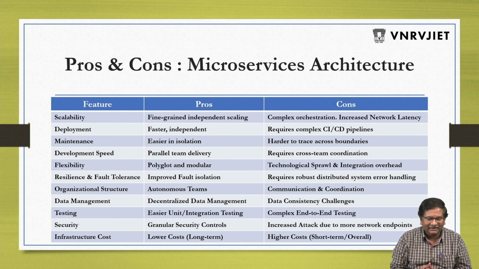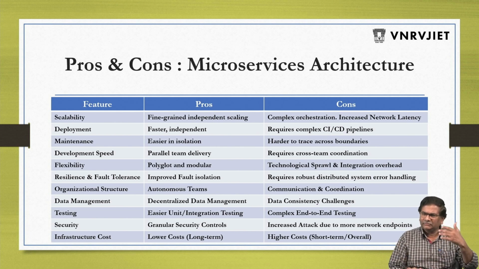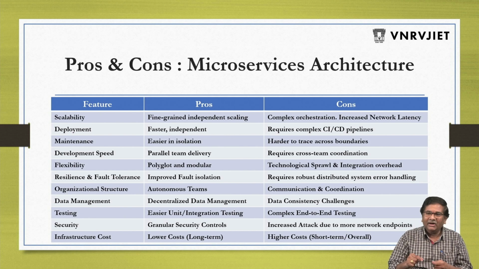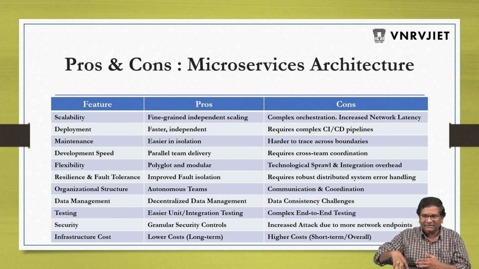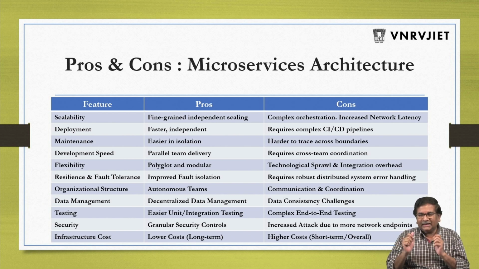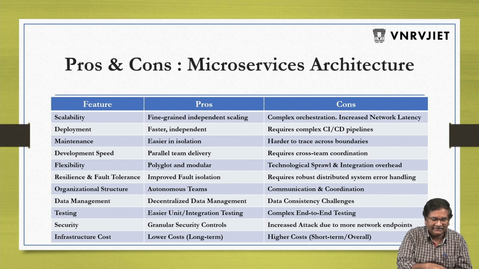Certain challenges are there when it comes to communication, but teams are independent and autonomous. Data management: decentralized data management, no complex big migration issues which we discussed in the previous presentation. But if you want to share data from multiple databases, which we could do, but not directly, only indirectly, that becomes more complex.